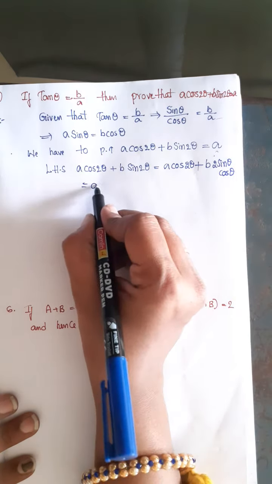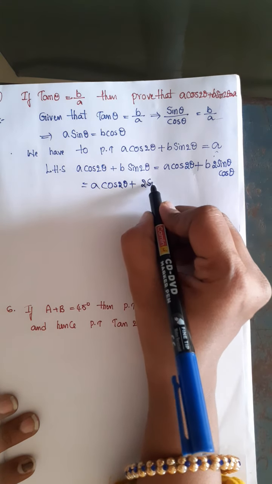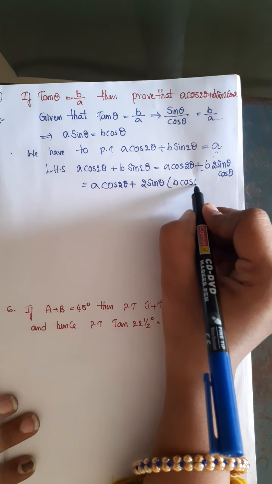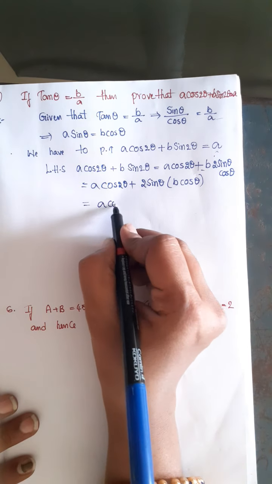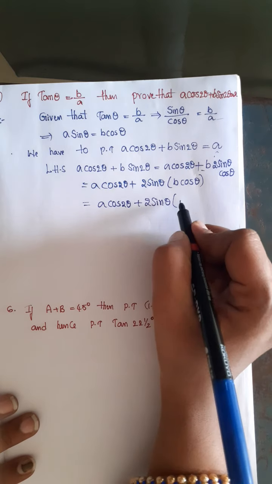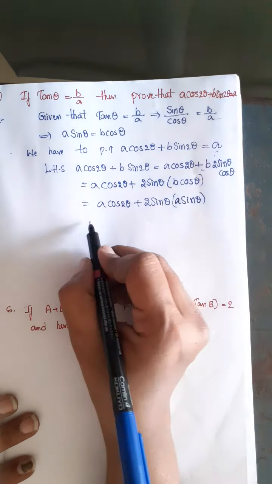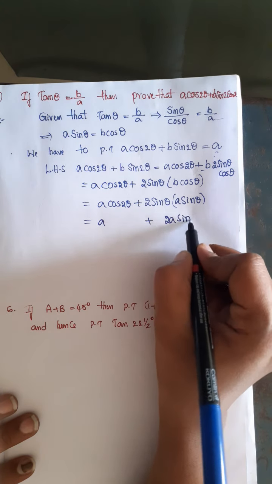I am leaving a cos 2 theta as it is, and in 2 sin theta into b cos theta, I can replace b cos theta with a sin theta. So a cos 2 theta plus 2 sin theta into a sin theta, here 2a sin square theta you got.